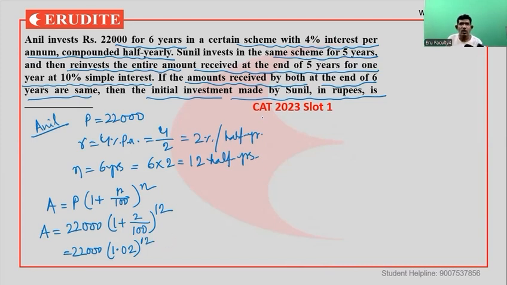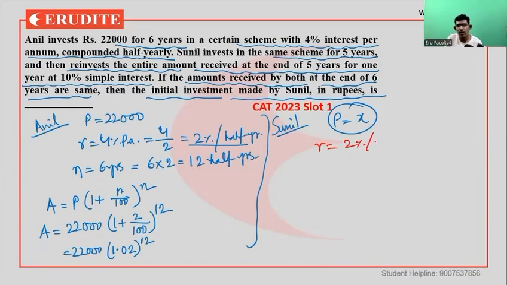Okay. Now, talking about Sunil, same scheme. So let's say Sunil's principal is P. Rest is same. That is 2% per half year. And now time period will be what? So his rate of interest is again 2% per half year. It's the same scheme. And time period is 5 years.